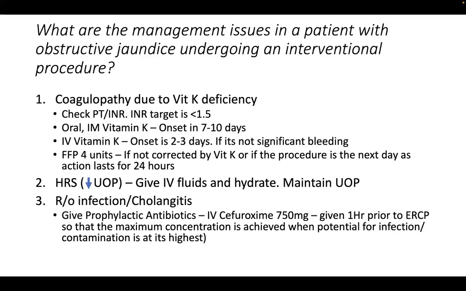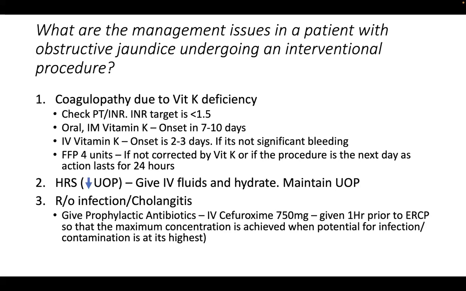So how can you treat a coagulopathy? It's oral or IM vitamin K, IV vitamin K, or FFP. So oral or IM vitamin K takes about 7 to 10 days. So if you have that kind of time and can correct it over 7 to 10 days, you can give oral or IM vitamin K. Then you come to more procedure-related correction.